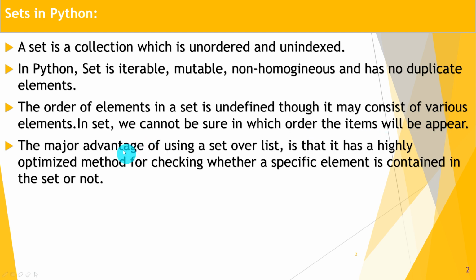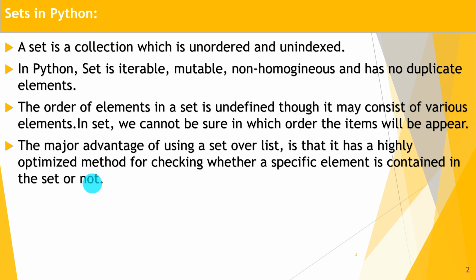The major advantage of using a set over a list is that it has a highly optimized method for checking whether a specific element is contained in a set or not. Great. So each and every type of collection has some advantages and disadvantages. We can choose which type of collection is preferable for our project and use it.